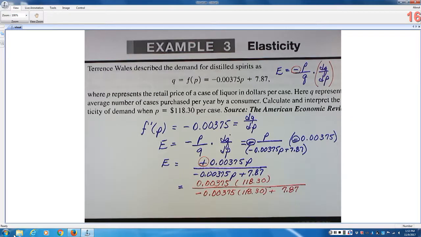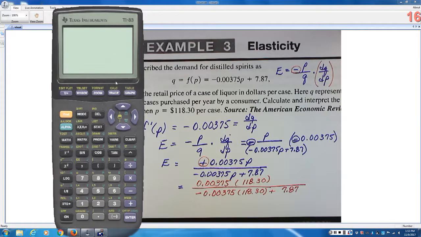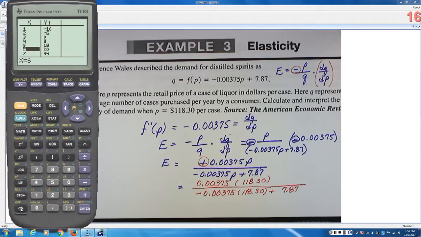So we'll get a calculator, do some arithmetic. And I should not have made that negative, so let's delete that negative sign.